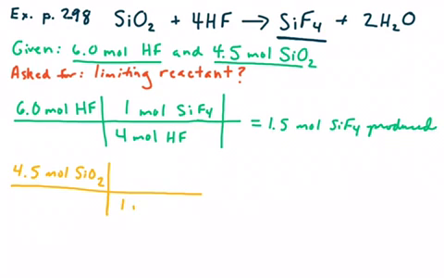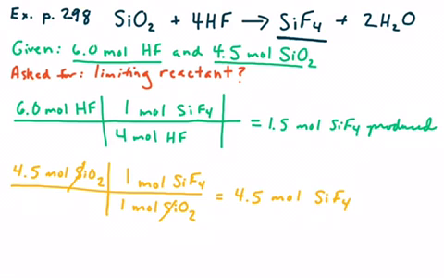For every 1 mole of silicon dioxide, we should produce 1 mole of SiF4. When we do the math, we get that 4.5 moles of SiF4 would be produced if we used up all of our silicon dioxide.